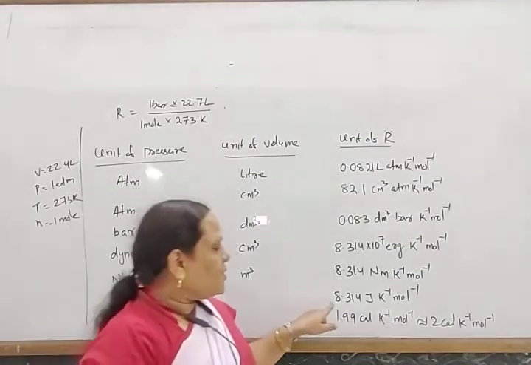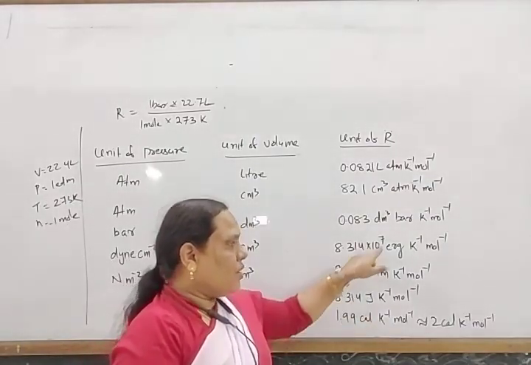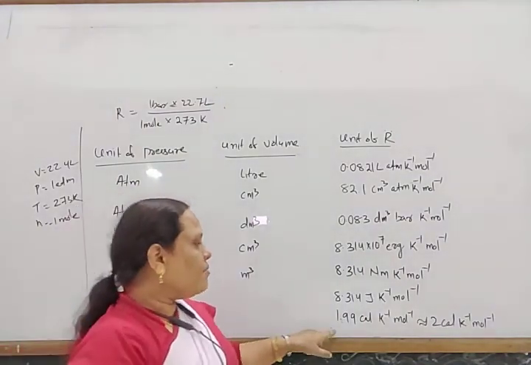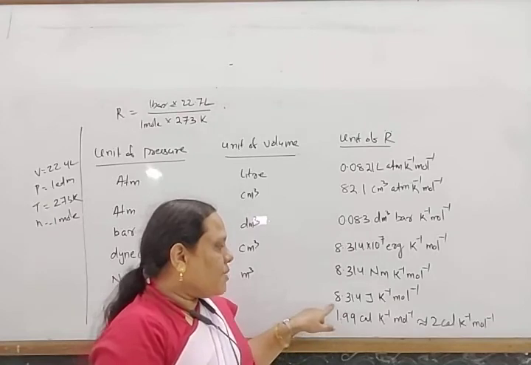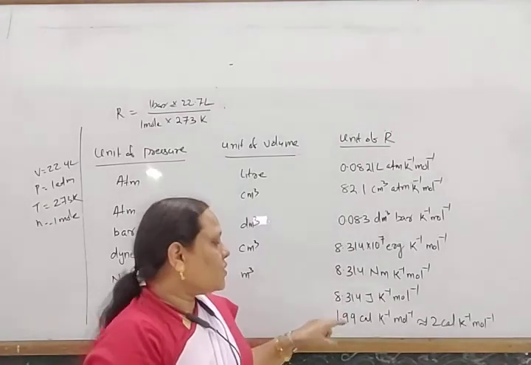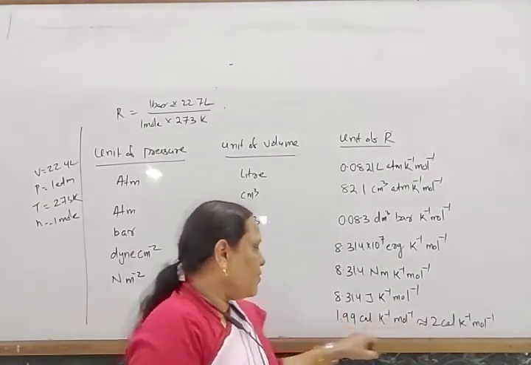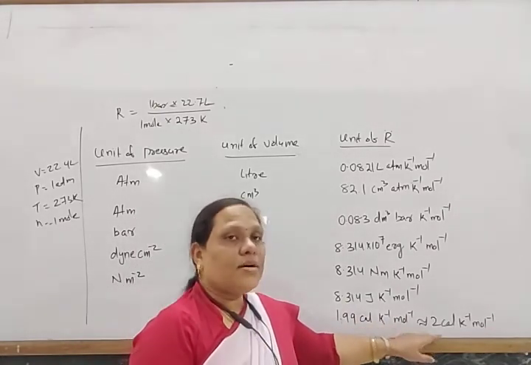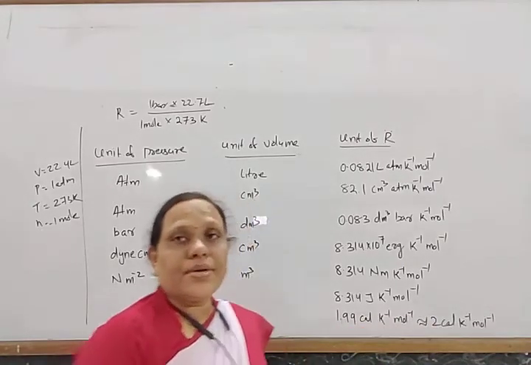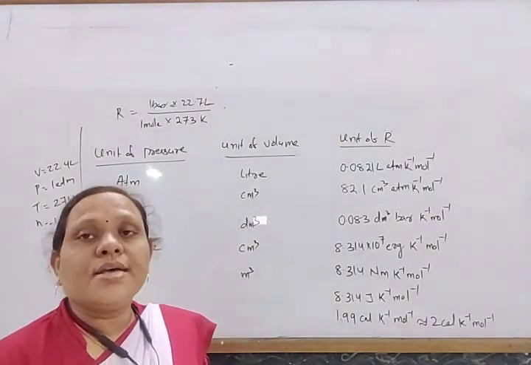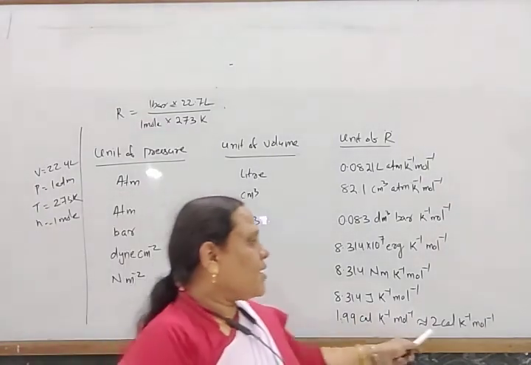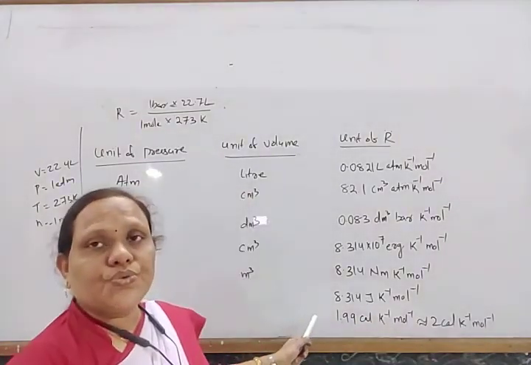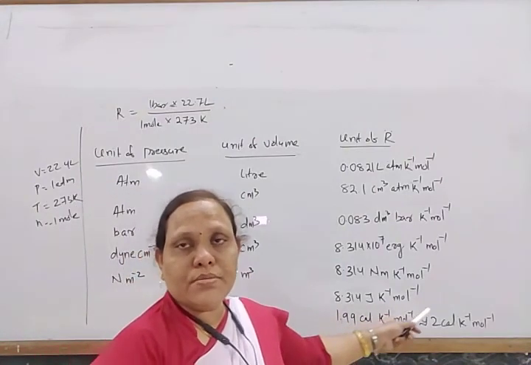If instead of joule and erg you express it in calorie, then divide by 4.184 to get the calorie value. So 1.99 calorie Kelvin inverse mole inverse, that is nearly equal to 2 calorie Kelvin inverse mole inverse. In joule, 8.314 joule Kelvin inverse mole inverse.